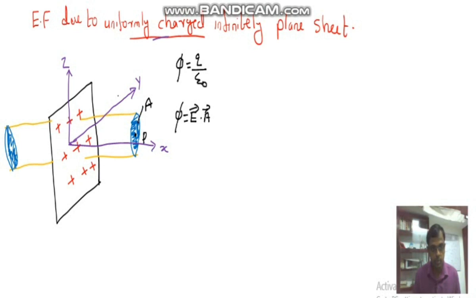You can see here the Gaussian surface, and this is the point P, and this is another point Q. P and Q are at the same distance from the plane sheet. Including the points P and Q, if you consider a closed surface, the shape is a cylinder.